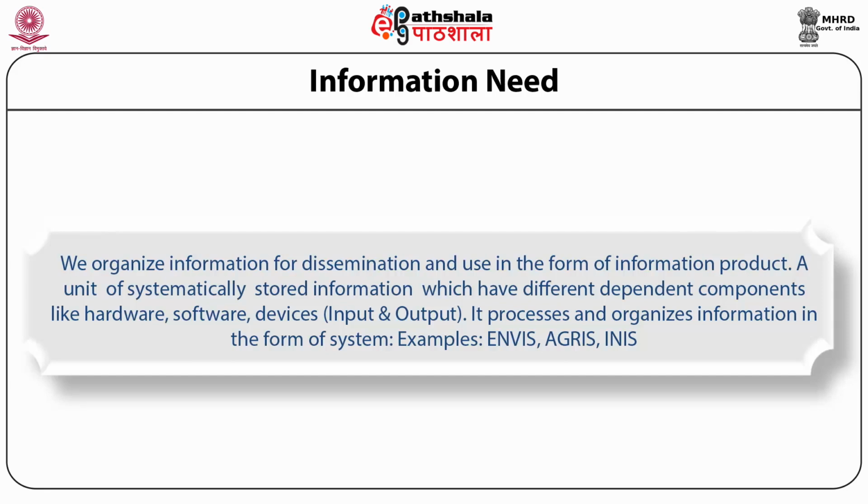So there are different qualities of an information system which should be taken into account while developing it. The most important qualities are that the system should have precision, recall and relevance, so that whenever users approach the system, they can easily find their information according to their own convenience.